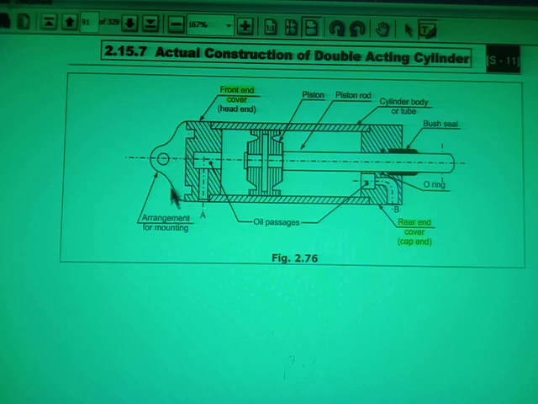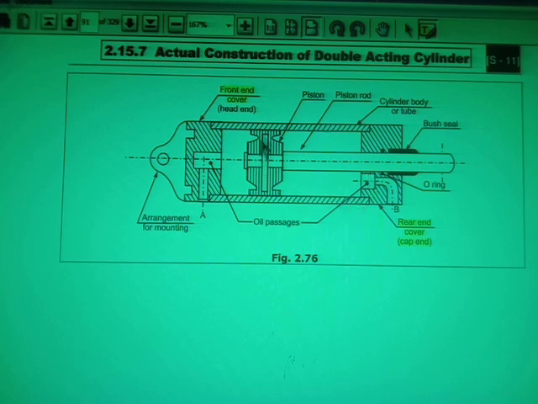I will take this mounting, and through this hole I will insert a nut and bolt, and this cylinder will be bolted to some machine part, and it will start working. So this is the actual construction of the double acting hydraulic cylinder. Understand?